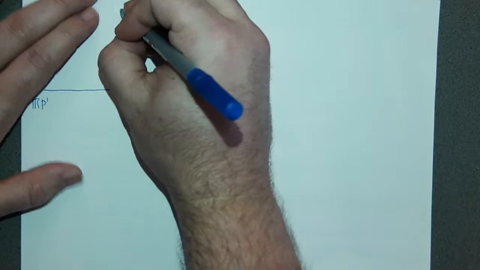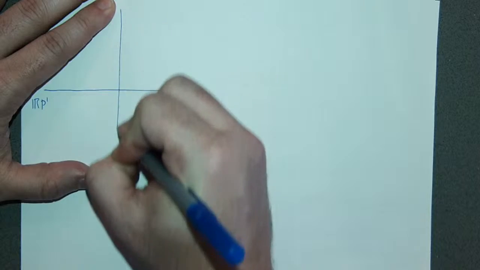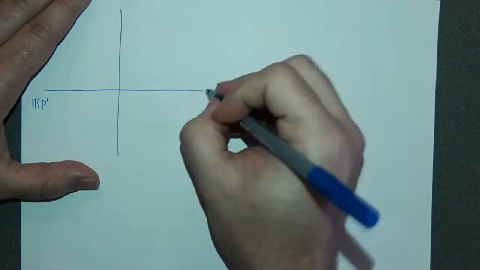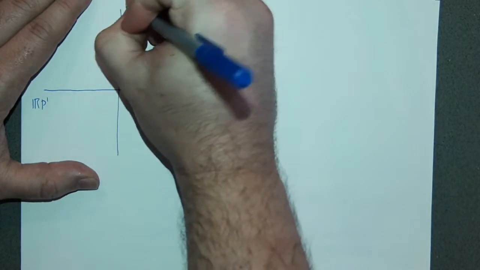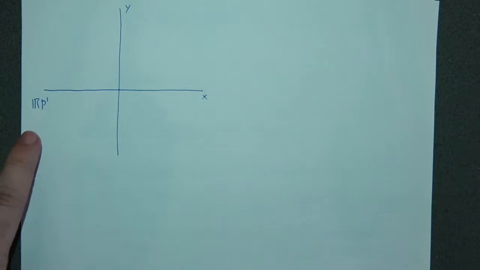How am I going to extend this to a plane? Well, I already have the usual plane. Why don't I view my normal plane, that is, having x and y axes, as containing RP1 as the x-axis? Okay.